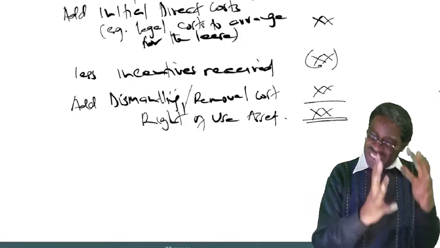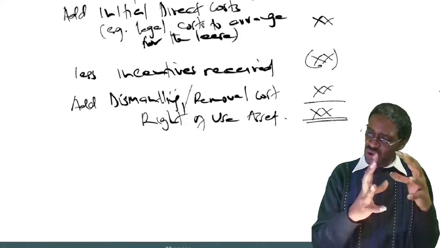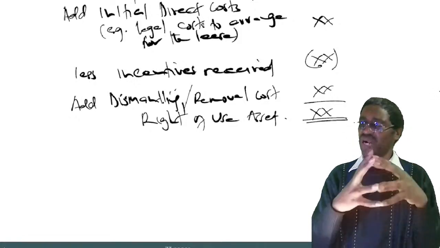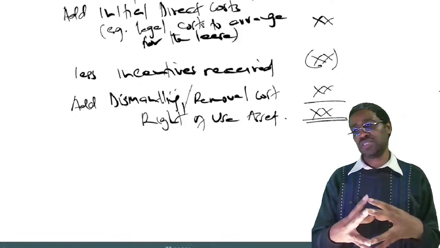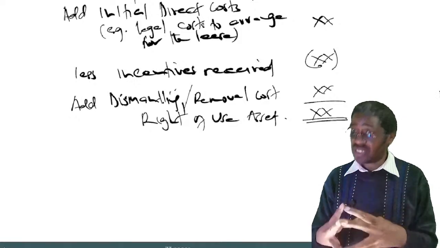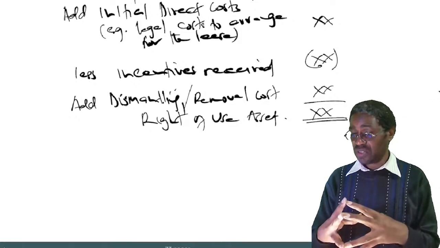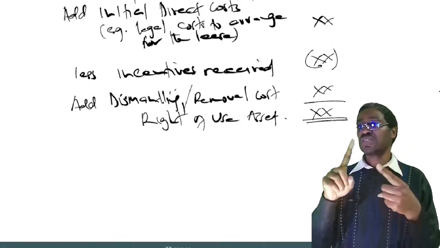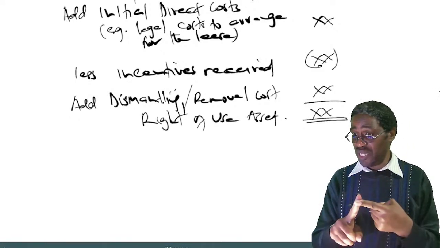But you, the lessee, whenever you go into a contract, are not required to classify that lease as either operating or finance lease. You are required to recognize two things: right of use and lease liability.